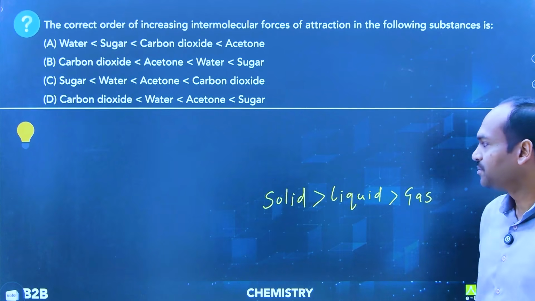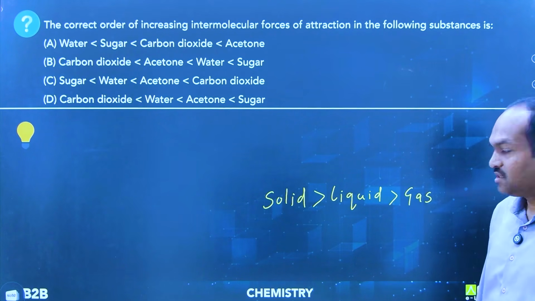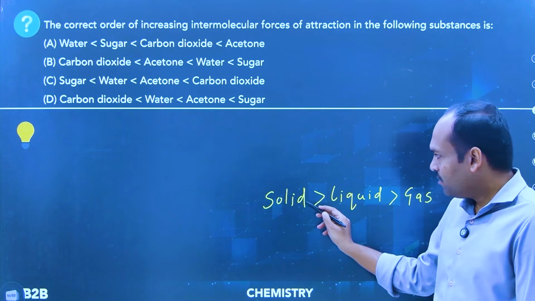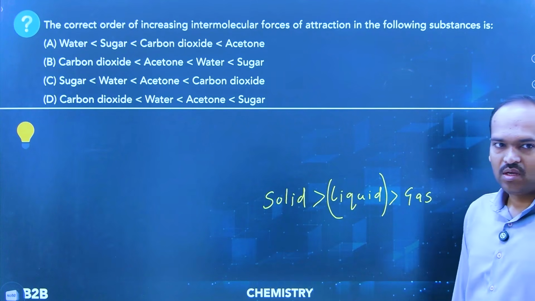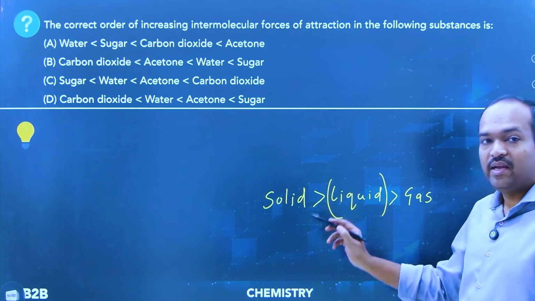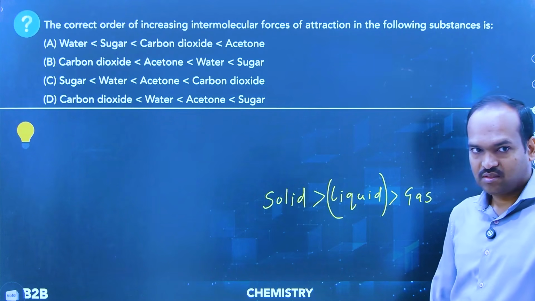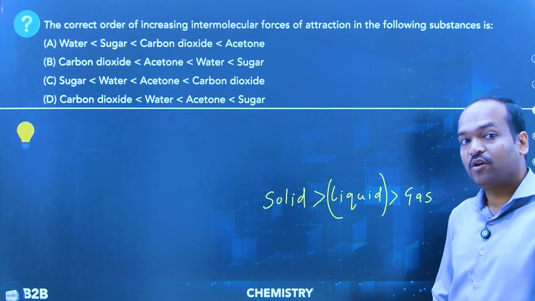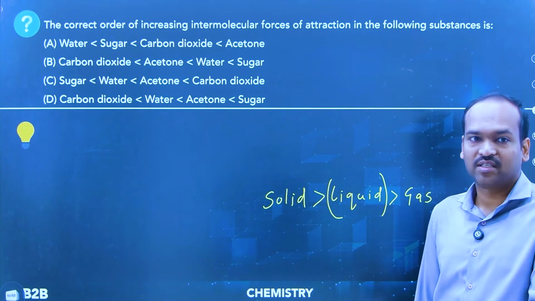This is the order of intermolecular force of attraction: solid, liquid, and gas. But suppose there are two different types of liquids. The more volatile liquid has less attraction. What is the meaning of volatile? It is easily vaporizable. It has less force of attraction.